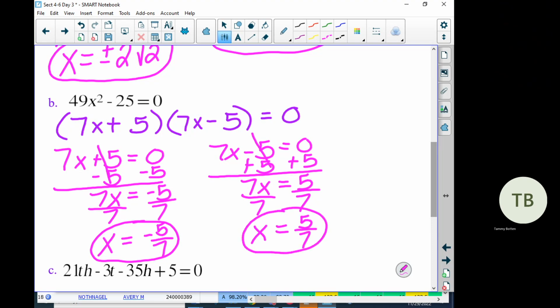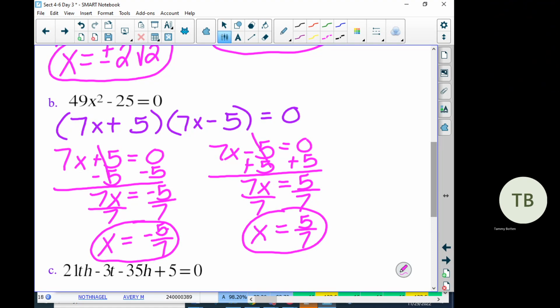Now, it's perfectly fine to show this where you can get your answers, but if you like a shortcut, another shortcut is when you have something like this that just has a normal x. You can't do this if it has an x squared, but if it has just an x, you take the opposite sign of this, which is negative 5, and you divide it by what's here, which is 7.